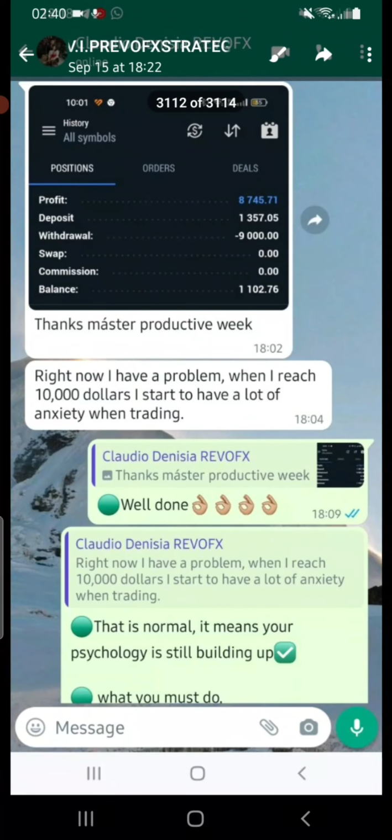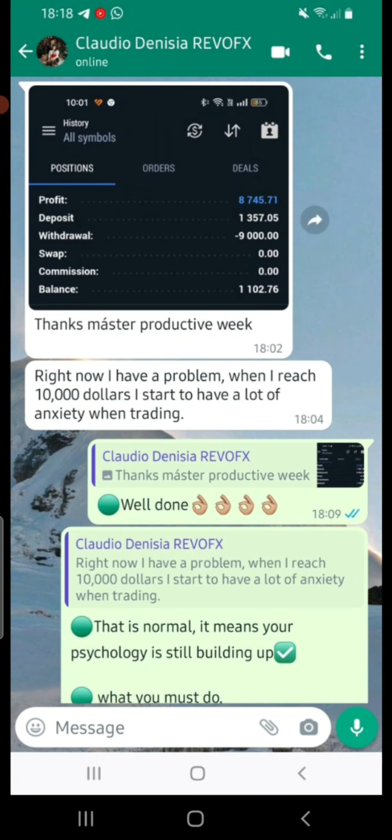And then this one here is one of the graduates. As you can see, she made a deposit of $1,357 and then made a withdrawal of $9,000. But she was having, I will call it, a nice problem, because she's profitable, but the only worry she was having is that she couldn't go above $10,000. It is normal when you are trading for the first time and making huge sums of money.